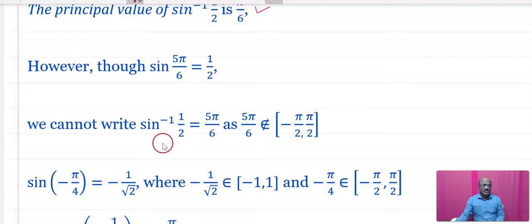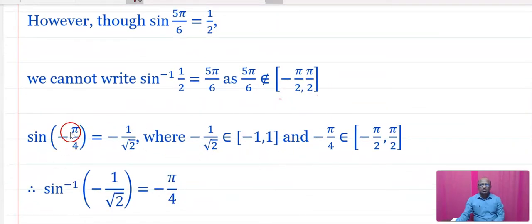Therefore we cannot write sine inverse of 1 upon 2 is equal to 5 pi by 6. That's why you have to remember this range, minus pi by 2 to plus pi by 2. It is the range of sine inverse of x.